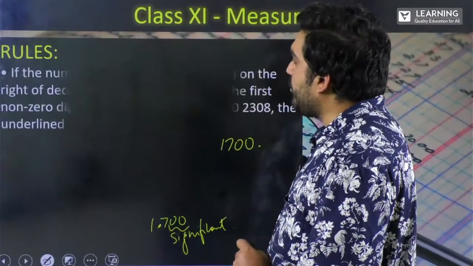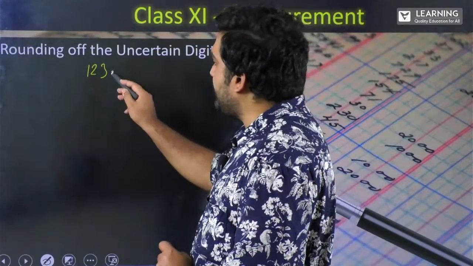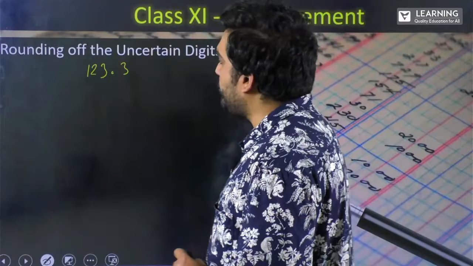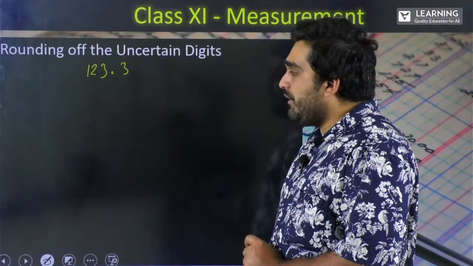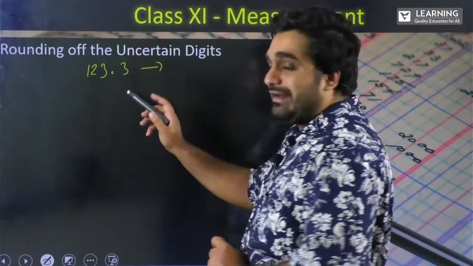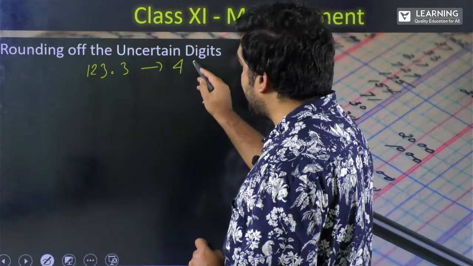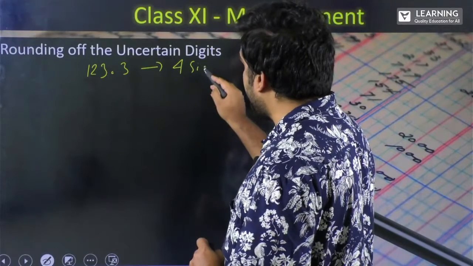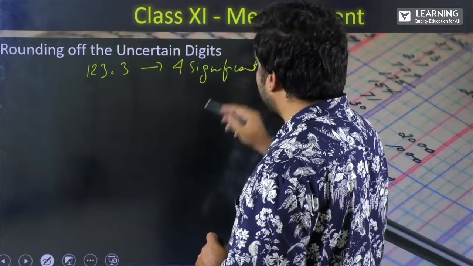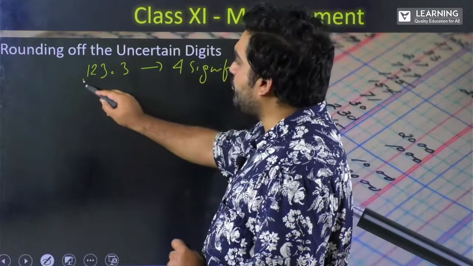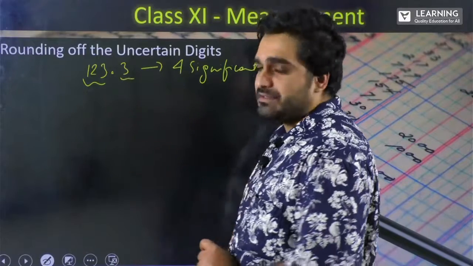So now, rounding off the digits by taking this particular example, which is 123.3. It currently has 4 significant digits, out of which 3 are reliable and 1 is uncertain.